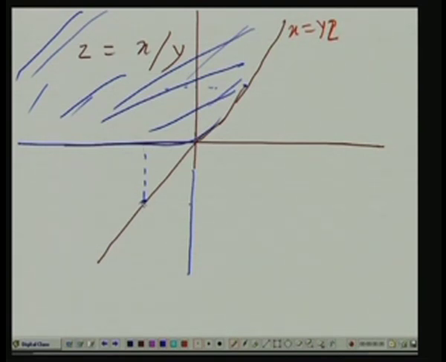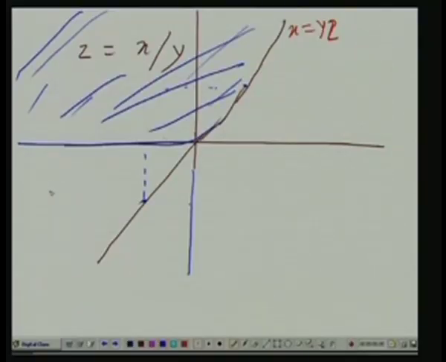Now, holding y fixed here, if I move x further to the left, x is becoming more and more negative, but the fact that it is negative does not matter, because y is also negative. The important thing is the magnitude of x goes up. So, the x by y ratio takes values higher than capital Z. So, I cannot take this zone. On the other hand, if I move x to the right, then what happens? Whether x is negative or finally becomes positive, the magnitude of this ratio x by y becomes lesser and lesser.